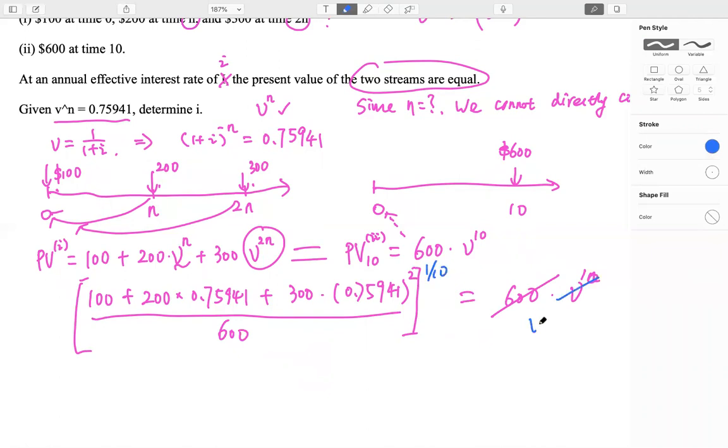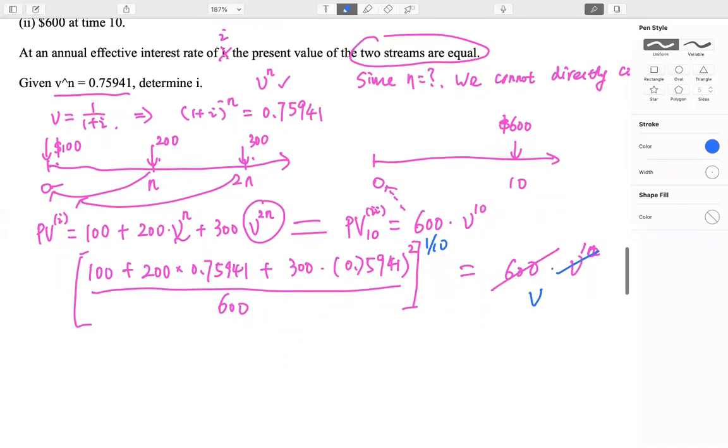So this becomes v, right? After I take the power, once I know v, I know i, right? After calculating v, i is nothing but 1 divided by v, minus 1.